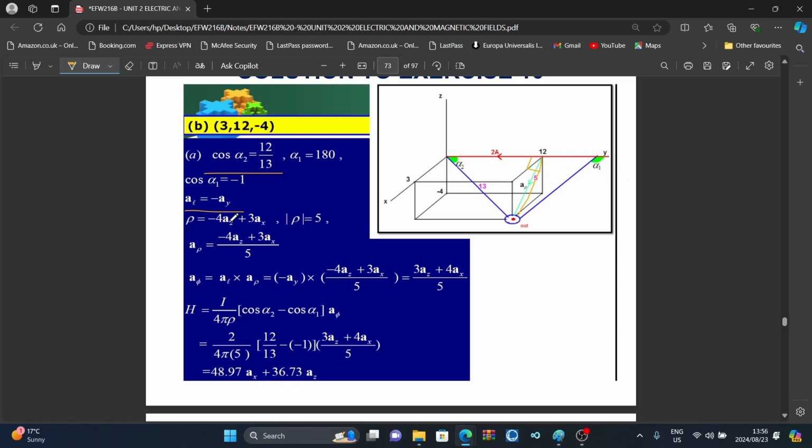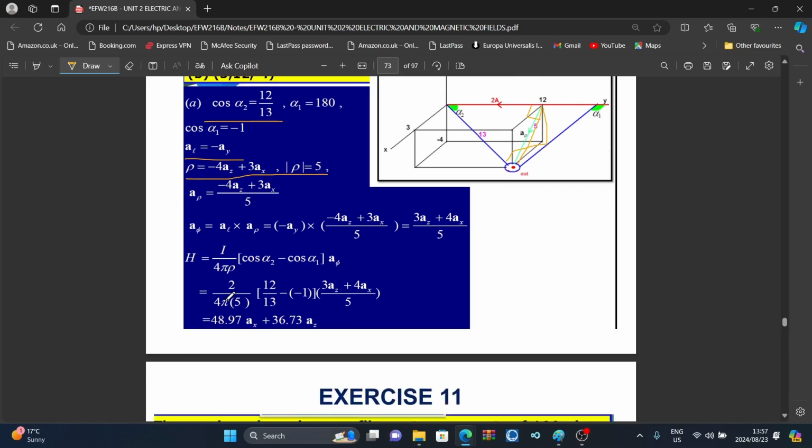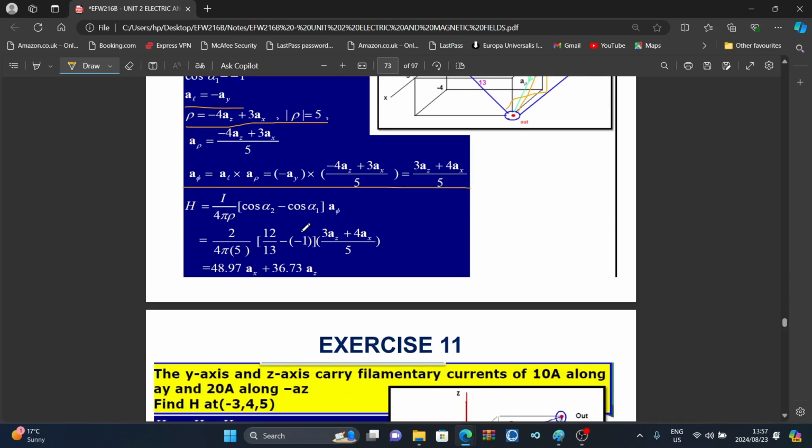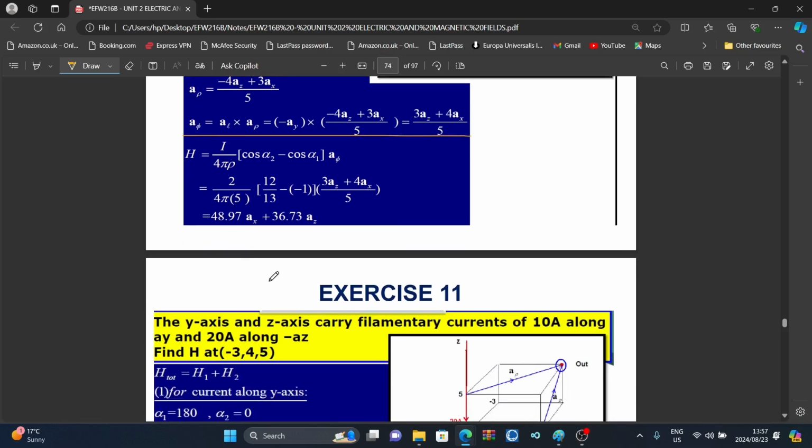Then as we have the direction, your phi, as you can see, is the combination of our z and x. Then our direction of phi is in this direction, so it's a unit vector. Then through the calculation, you get this here, and from there it's just substitution.